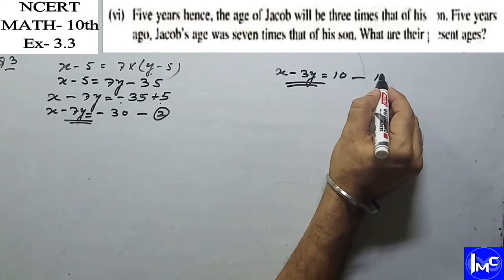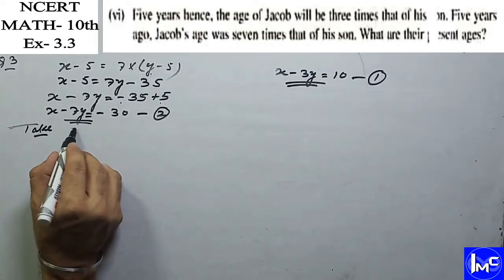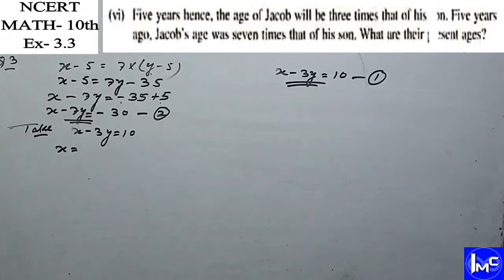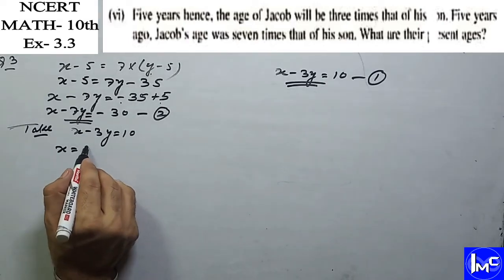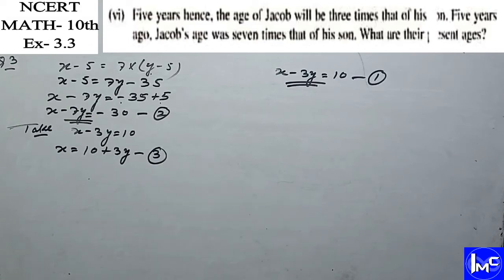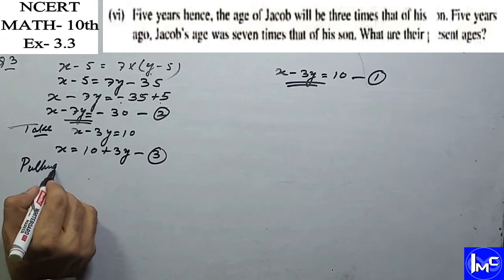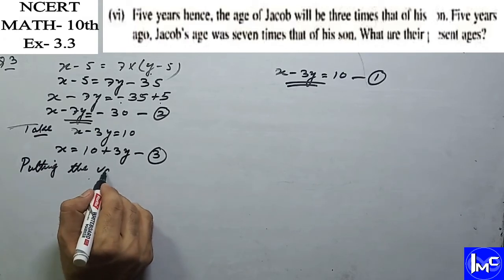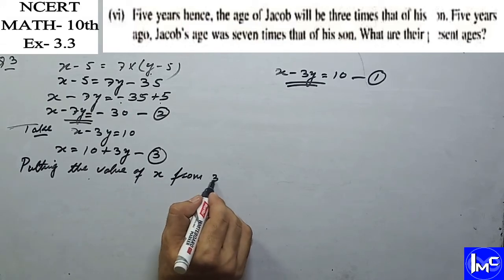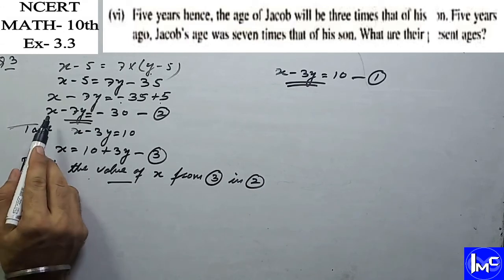Now we will take the first equation as usual, and by separating single variable in the form of other variable, we will get x is equal to 10 plus 3y, and this is taken as equation 3, and we will substitute x from 3 into what we will get, x minus 7y.